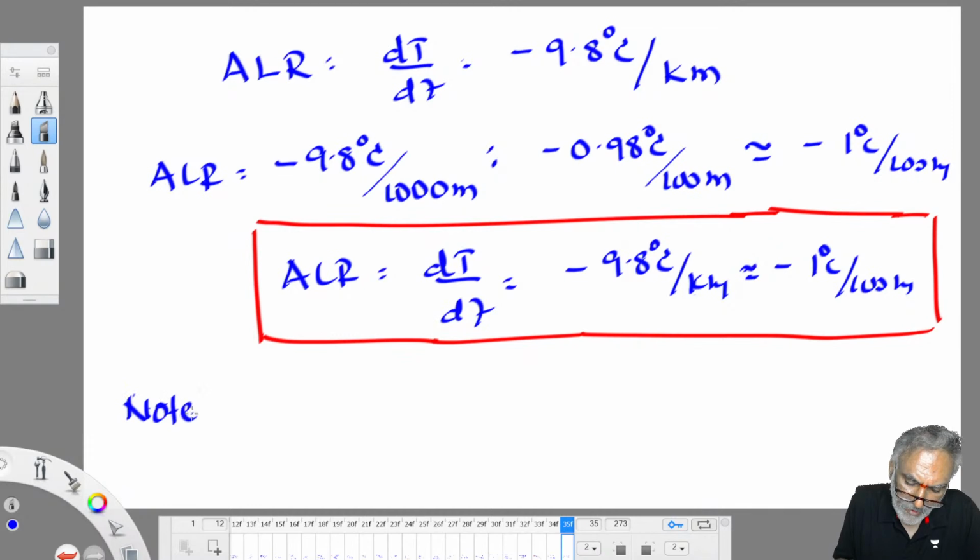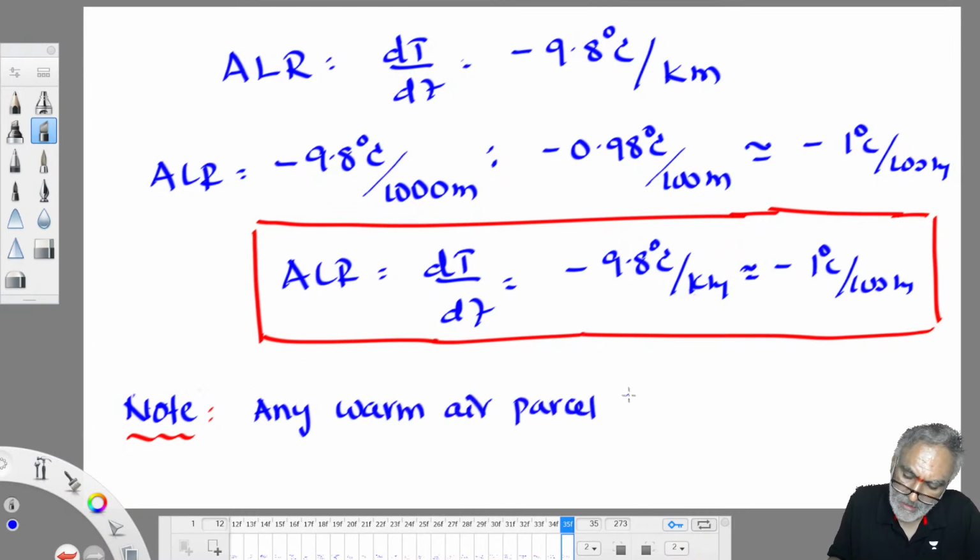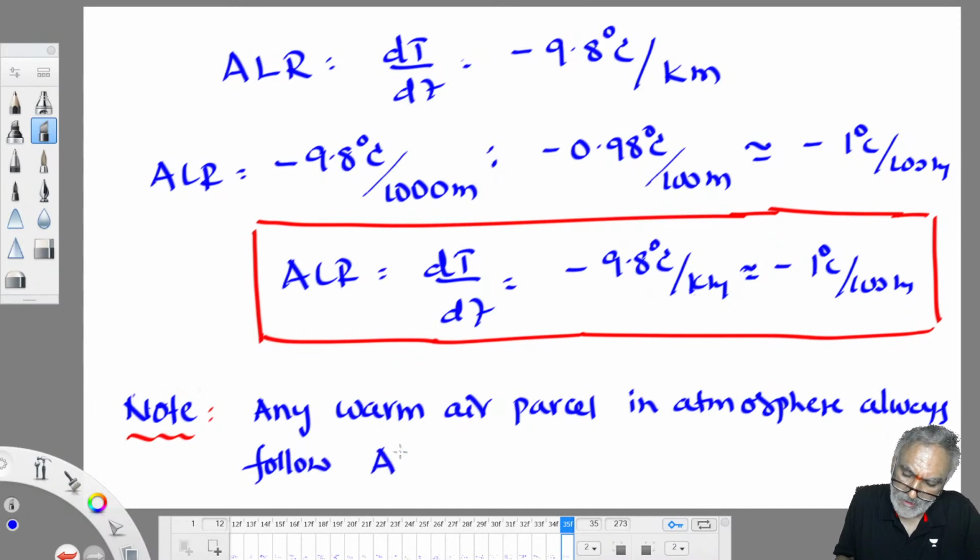Any warm air parcel that rises, when it rises, follows adiabatic lapse rate. Remember.